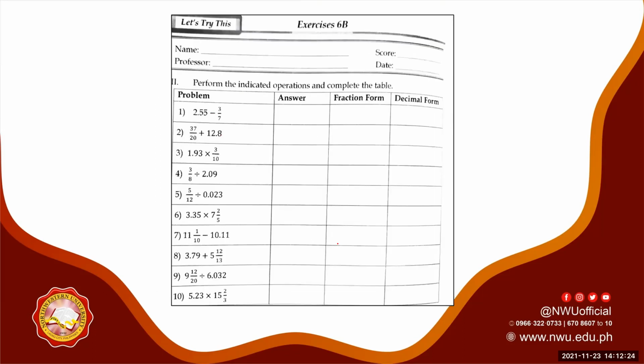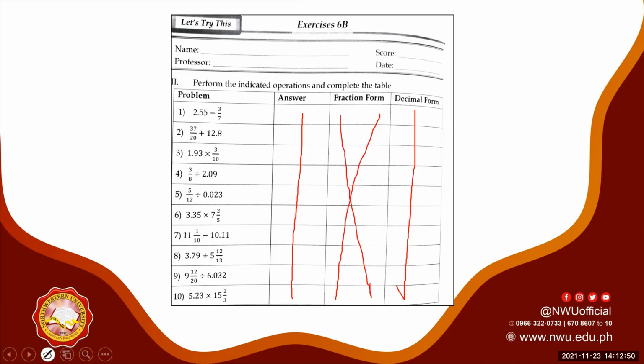Next one is our exercise 6B. This is what I mentioned earlier, that you can rewrite this both in fraction form or in decimal form. But I would like to clarify that you will only answer the decimal form. Of course, you need to perform the operation. Don't answer the fraction form.